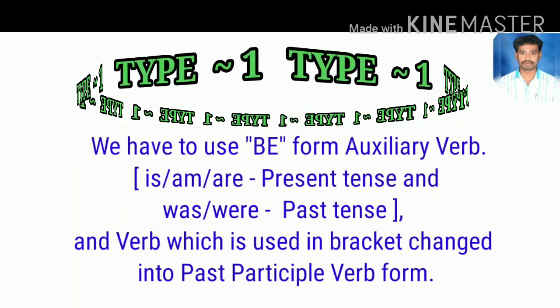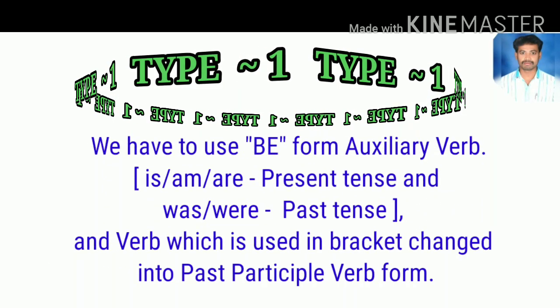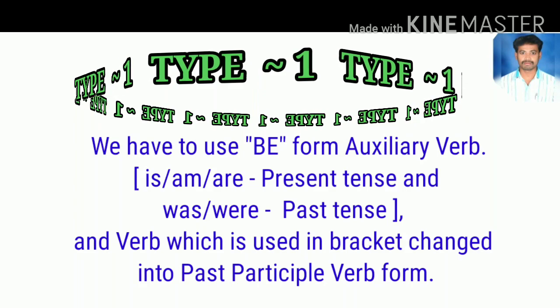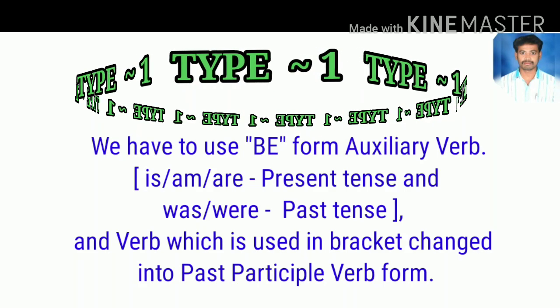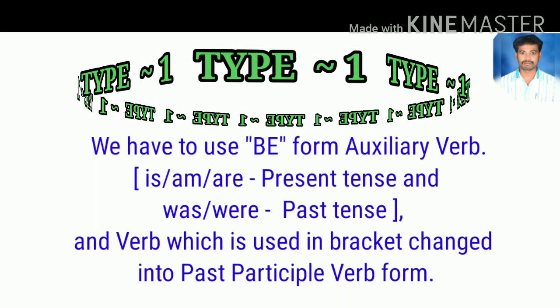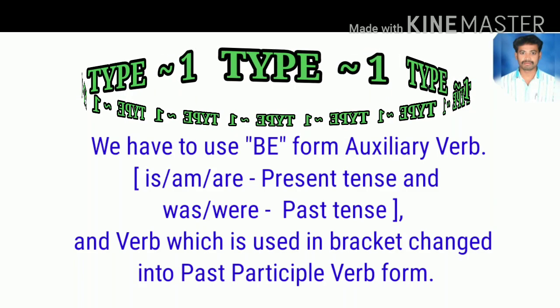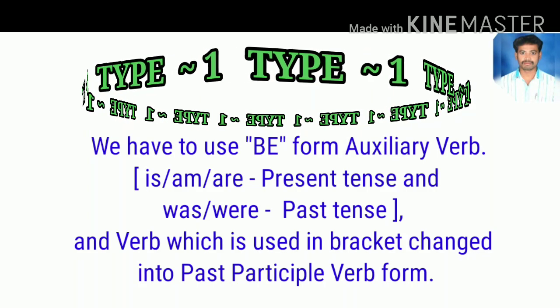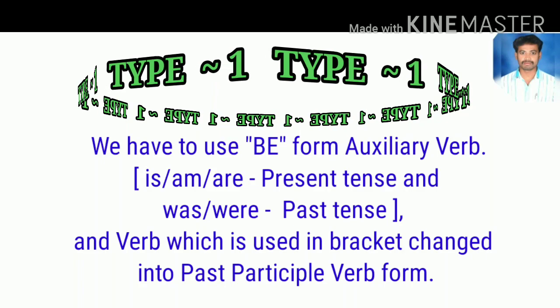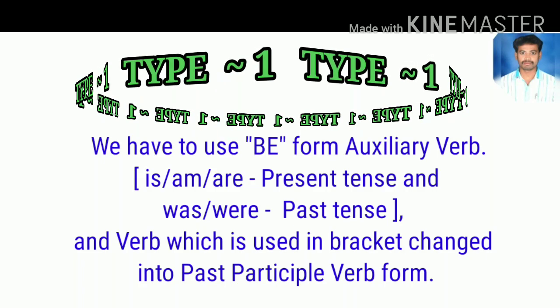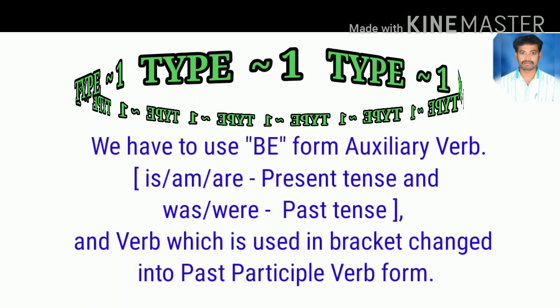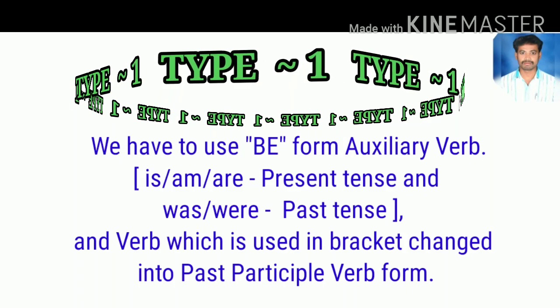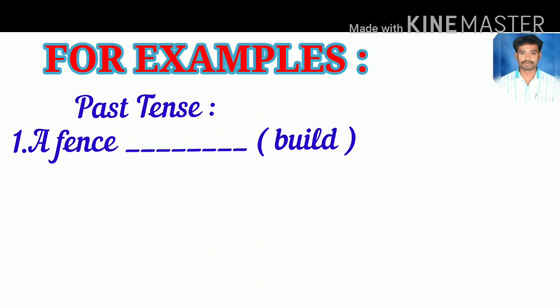Depending upon whether the subject is singular or plural, we use a be form auxiliary verb: is, am, are in present tense, and was, were in past tense. The verb in the bracket changes into the past participle form, V3. Have you understood? Now we will move to some examples.